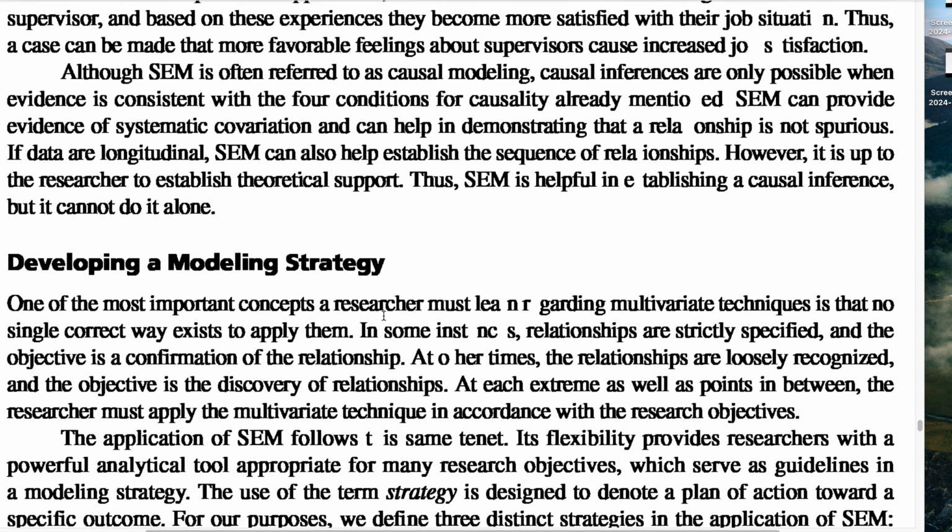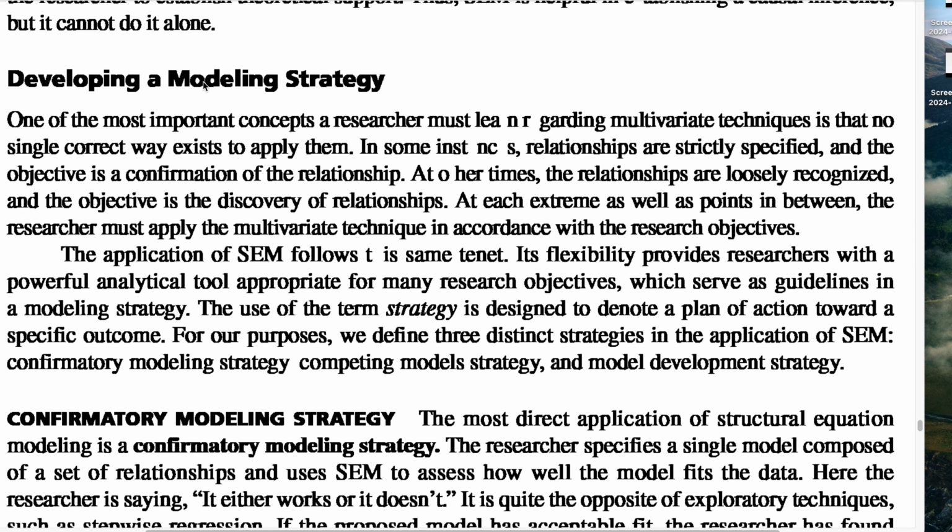Developing a modeling strategy. One of the most important concepts a researcher must learn regarding multivariate techniques is that no single correct way exists to apply them. In some instances, relationships are strictly specified and the objective is confirmation of the relationship.